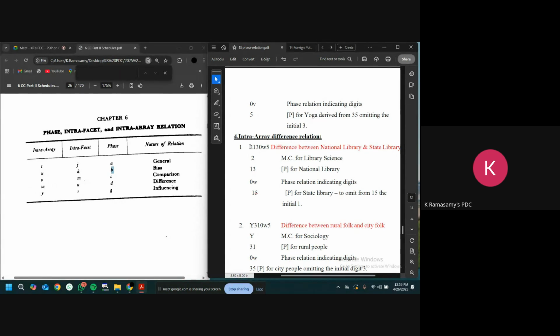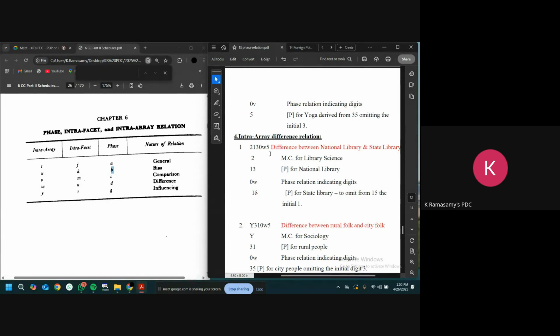They are differencing. So first write the main class number, then write the first number, National Library 13. Then I write connecting symbol 0. Since it is the difference phase, I look for a different symbol. What is the symbol for intra-array? W. I write W. Then, instead of writing 15, I write only 5, because 1 is common in both the numbers, 13 and 15.